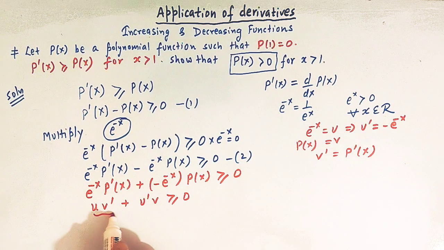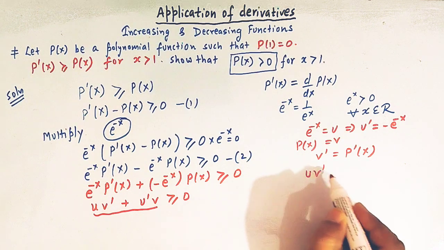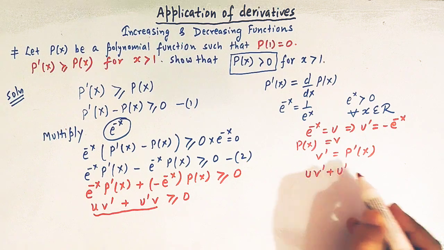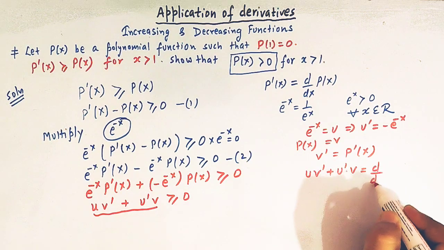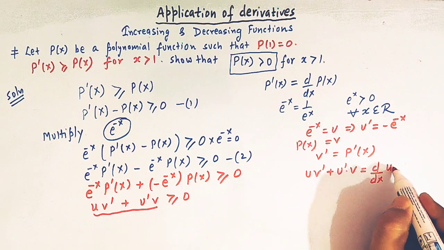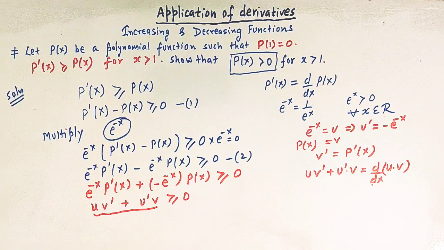Now if we observe this term, u times v prime plus u prime times v is nothing but the derivative of the product of u and v with respect to x.